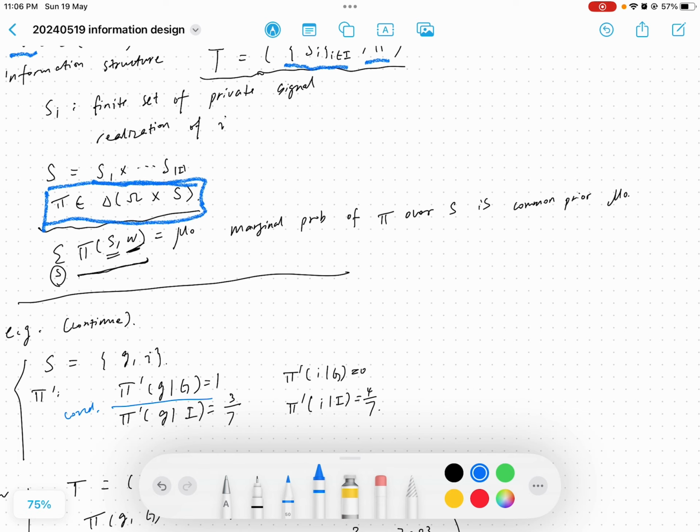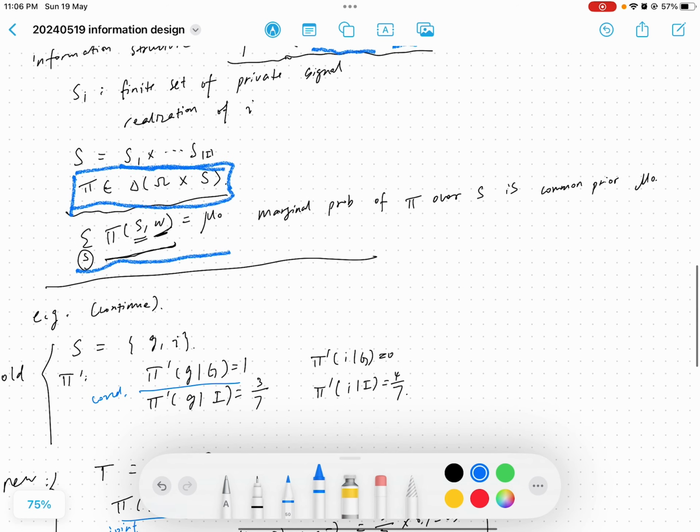Remember that when we use this alternative way to define pi, the marginal probability of pi over all the s's is the common prior mu naught. That's why we have this equation here. If we sum this pi, the joint distribution over s and omega, over all the s's, there's no randomness for s, and the only random variable left is omega.